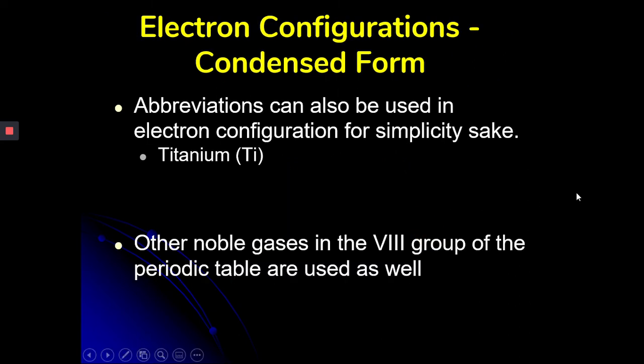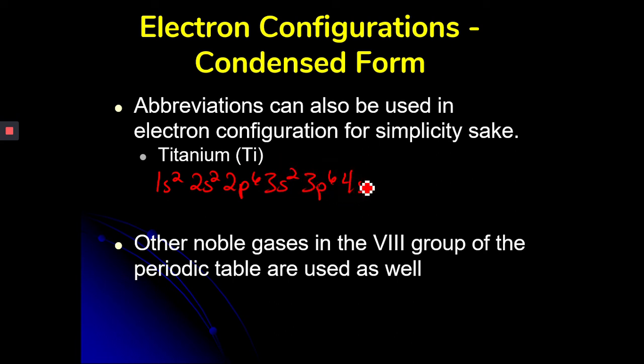And then some just abbreviations, which I've kind of already used. Noble gas configurations, you start with the noble gas that comes before it, and then just continue electron configuration after. So titanium, we could have written as 1s2, 2s2, 2p6, 3s2, 3p6, 4s2, 3d2.